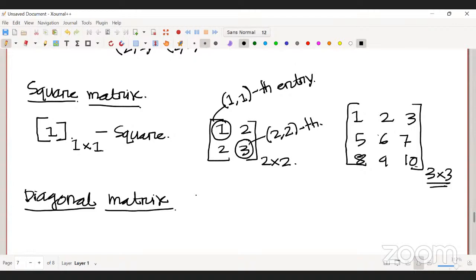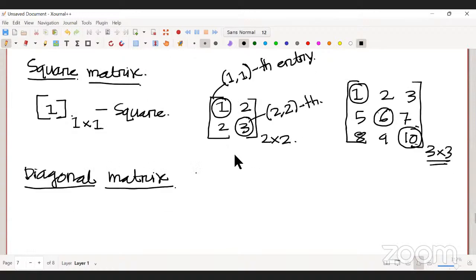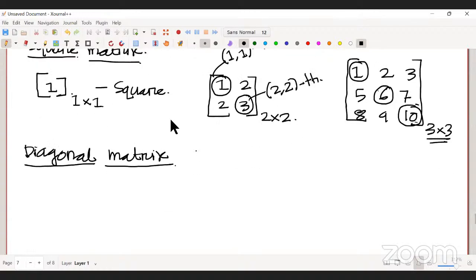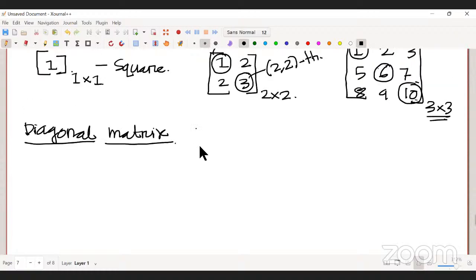And for this particular 3 cross 3 matrix, the diagonal elements are basically 1, 6, and 10. The definition of a diagonal matrix is that a square matrix is a diagonal matrix if all the non-diagonal entries are 0. So the first question is whether this is a diagonal matrix according to the definition.